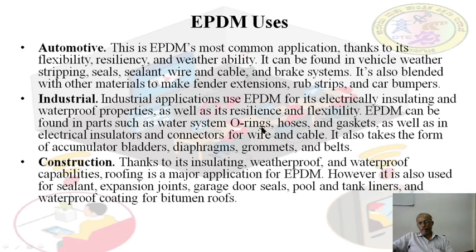EPDM can be found in parts such as water systems, O-rings, hoses and gaskets, as well as in electrical insulators and connectors for wire and cable. It also takes the form of accumulator bladders, diaphragms, grommets and belts.